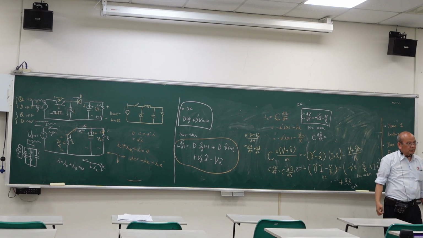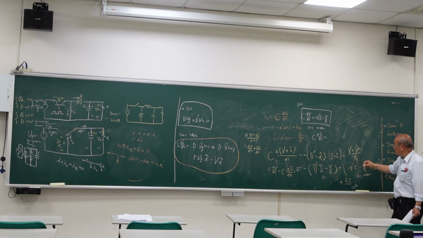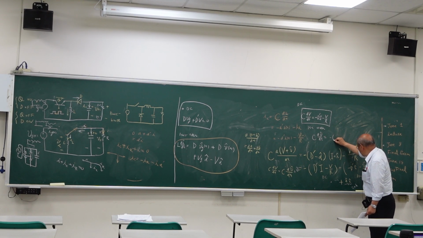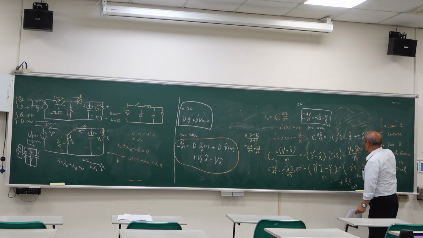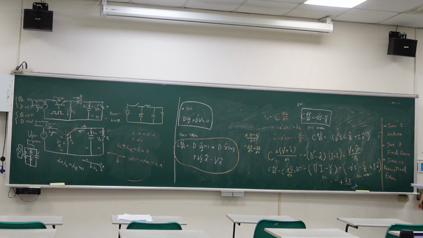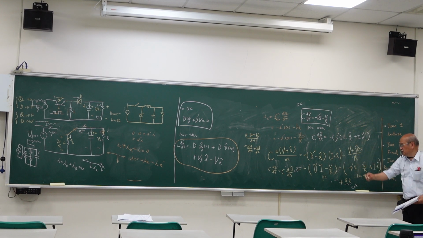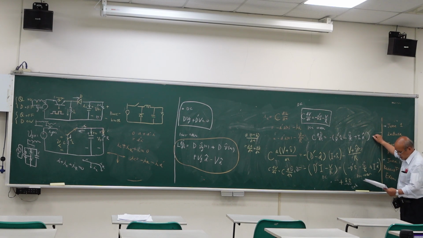So first order, how about here? Minus D' I hat minus V hat/R plus I D hat. So 3 items. And the second order equal to 0. So this is what we need.